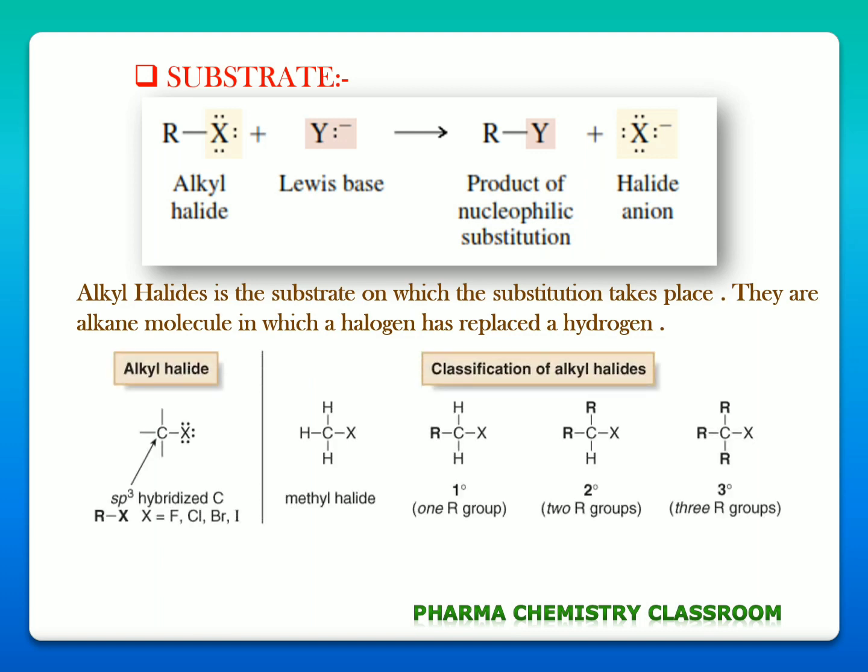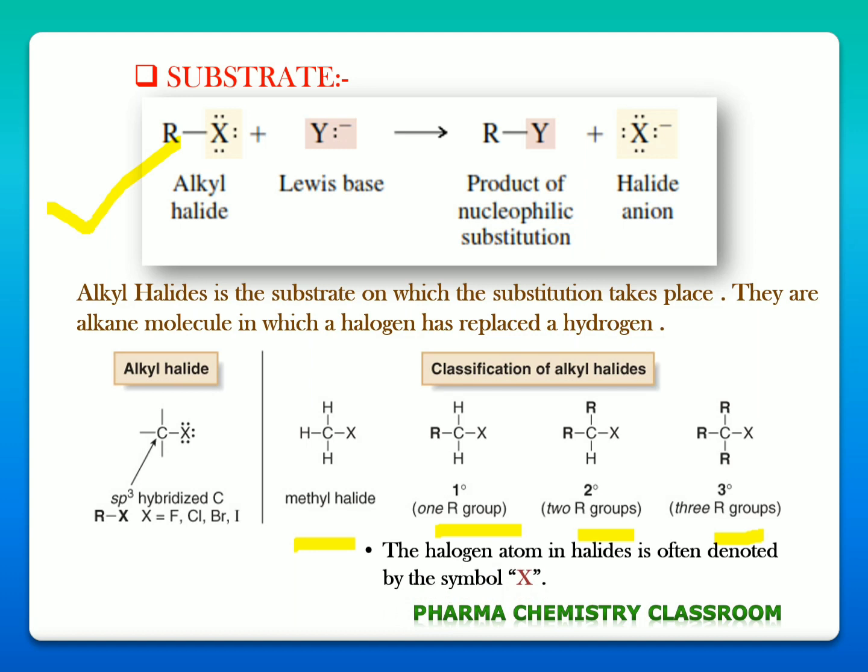There are different types of alkyl halides. You can see here methyl halide, primary alkyl halide, secondary and tertiary. So alkyl halide is a substrate on which SN reaction takes place. The halogen atom in an alkyl halide is often denoted by the symbol X.